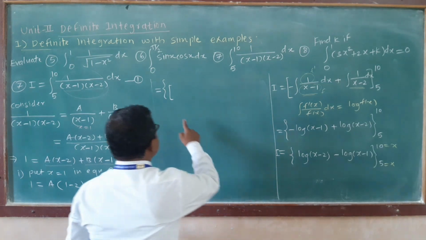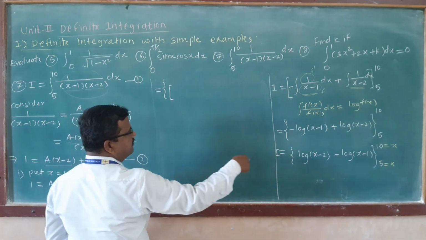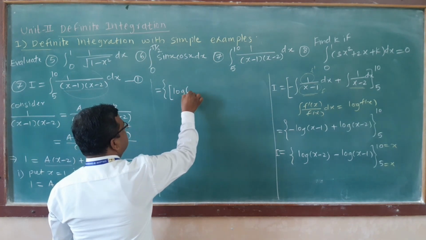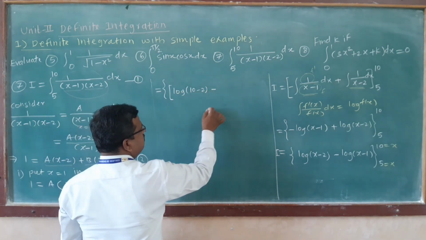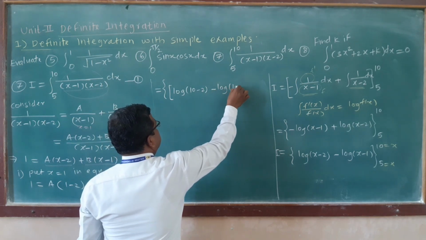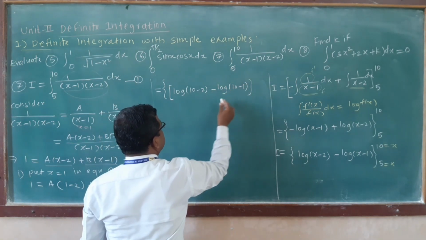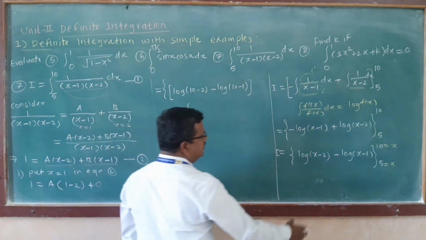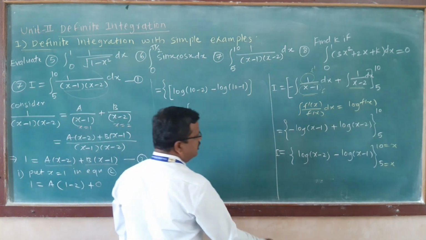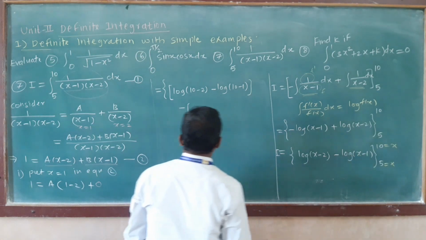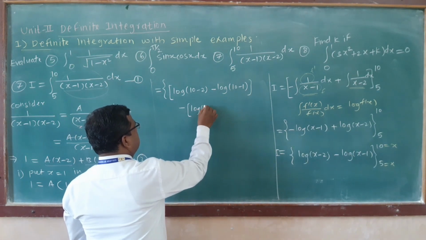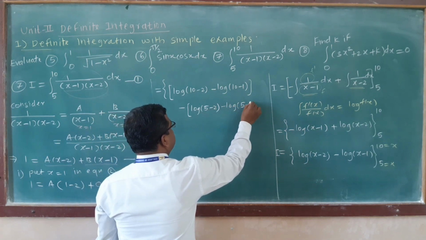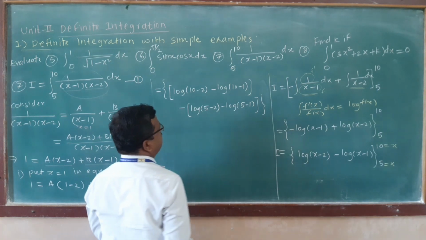So put inside curly bracket, first square bracket for upper limit, log of 10 minus 2 minus log of 10 minus 1, minus, in second square bracket put lower limit, put x equal to 5. So this will be log of 5 minus 2 minus log of 5 minus 1, bracket complete.